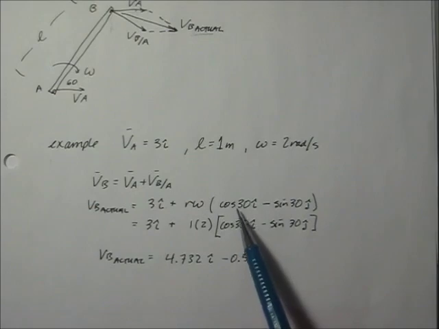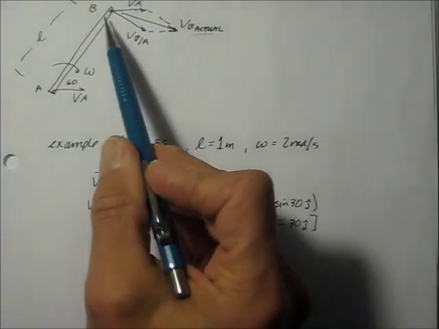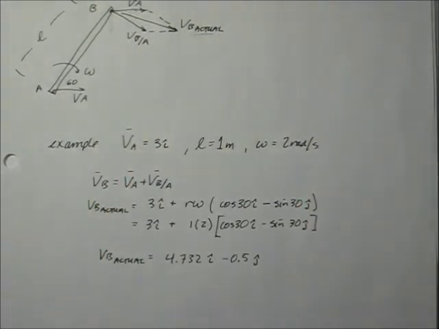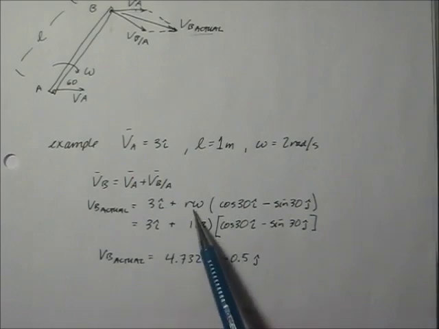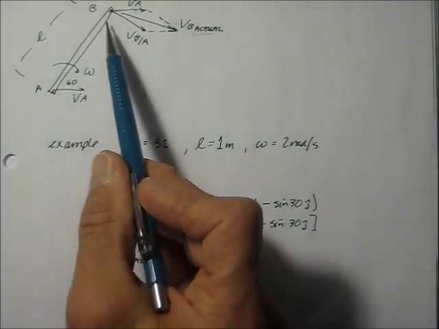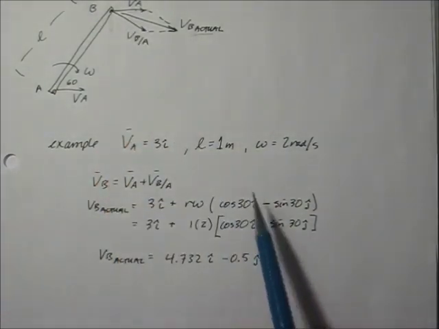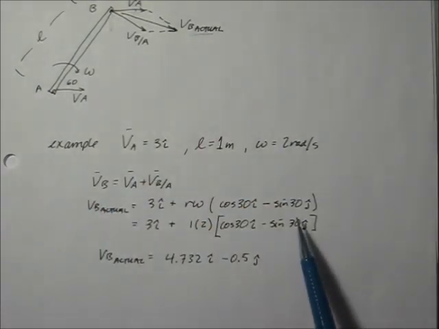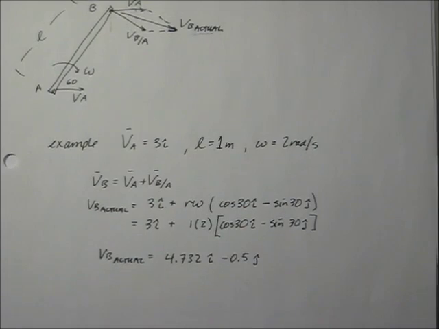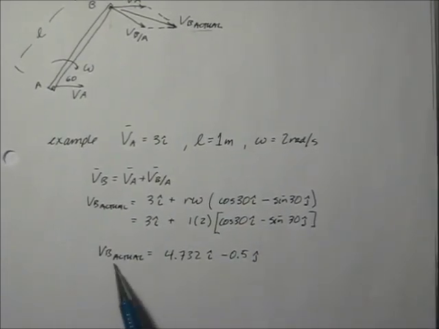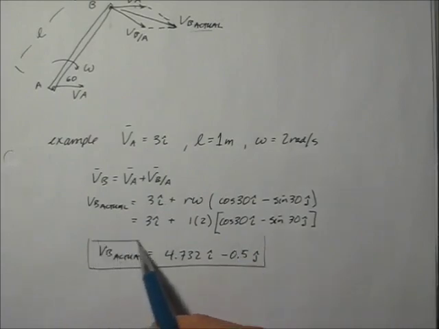The magnitude of the term of B with respect to A is r omega, and then it's going to have a component in the x direction of cosine 30, and a component in the j direction of sine 30. We multiply all that out, and we can see that the actual velocity of B is going to be 4.732 i minus 0.5 j.